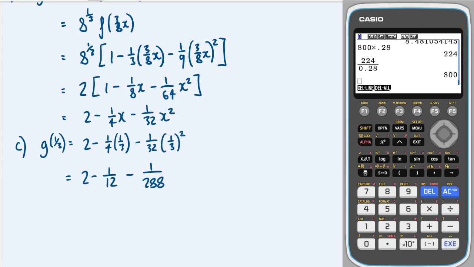Okay, just going to go to my calculator to check this is correct. I'm not going to do that myself. Okay, so that's 1/288. Yeah, sounds good to me.